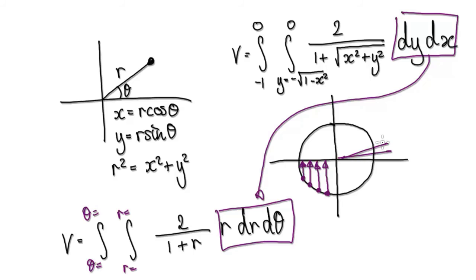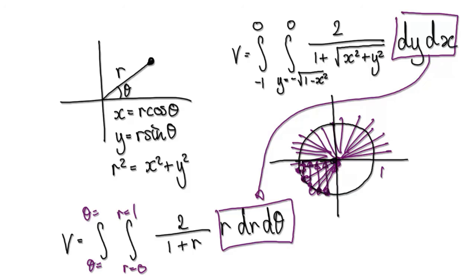So in terms of r, it would be r equals 0 to the radius of 1, because our circle has a radius of 1.